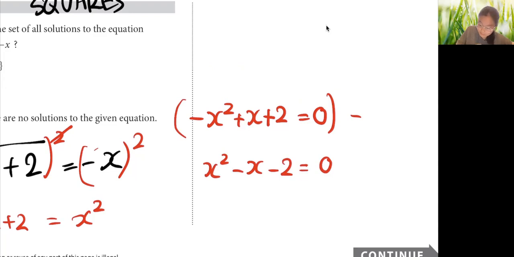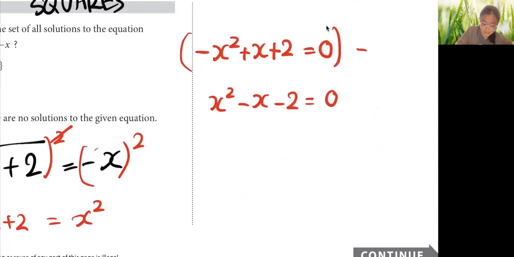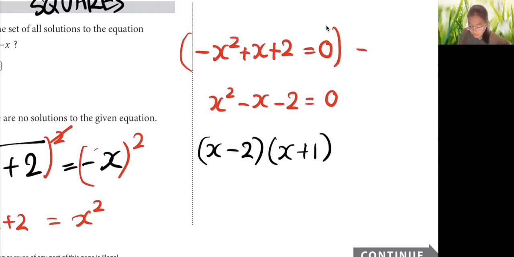We need to start finding x by factoring it. So what times what is negative 2, and what plus what, or what minus what will lead to negative x? I think it's x minus 2 times x plus 1, because negative 2 times 1 is negative 2, and negative 2 plus 1 is negative 1.